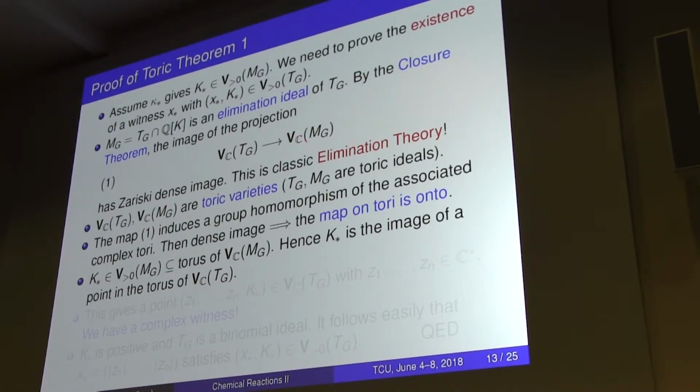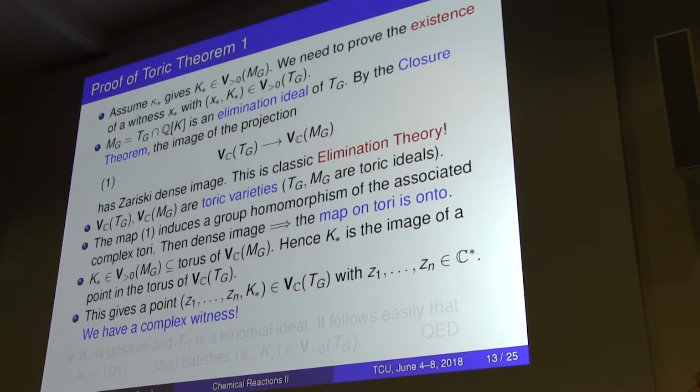And so K star lies in the torus here, and that means that K star is the image of a point in the torus upstairs, and that gives a point upstairs in the complex variety, so I've proved the existence of a complex witness. And that's what the classical algebraic geometry does for us. And of course here I mean complex in the sense of complex numbers.